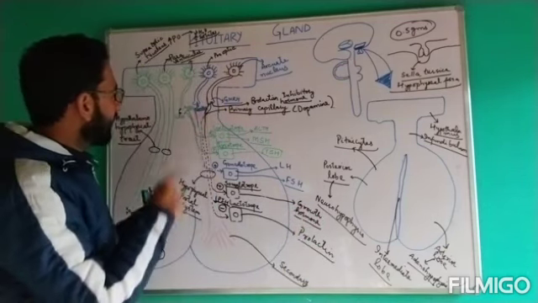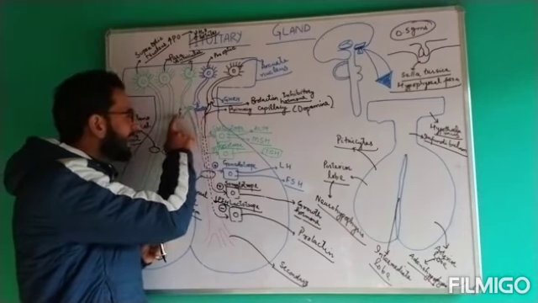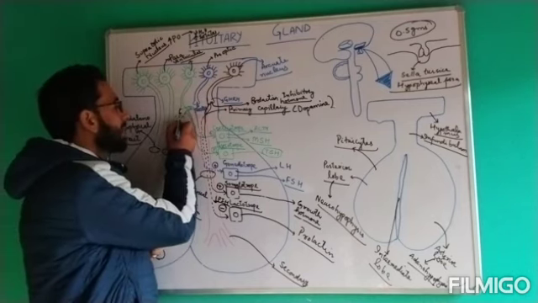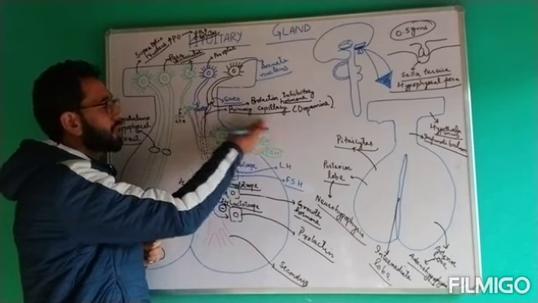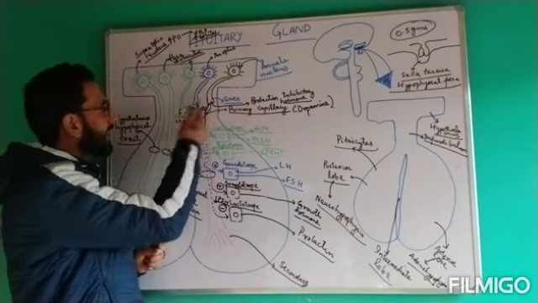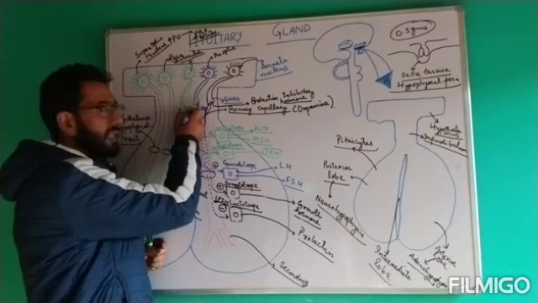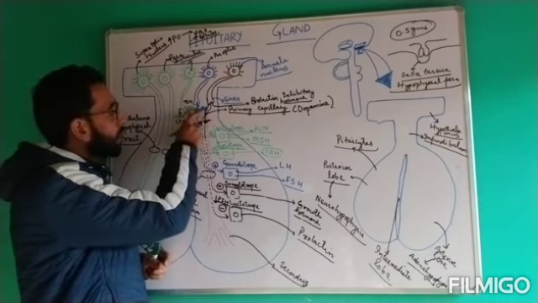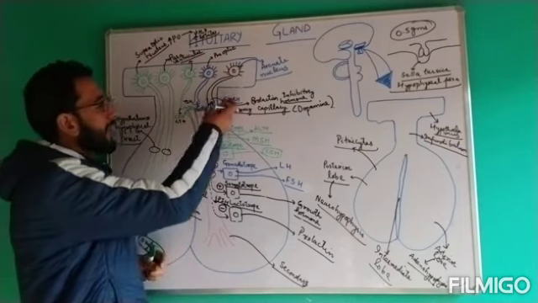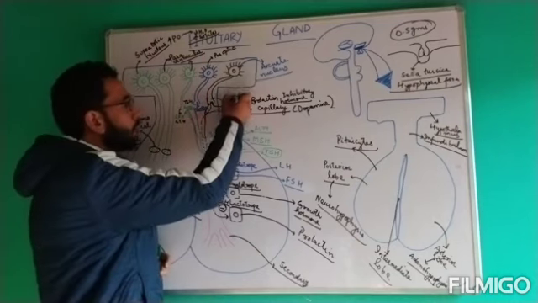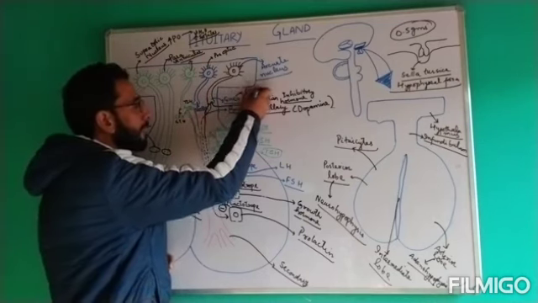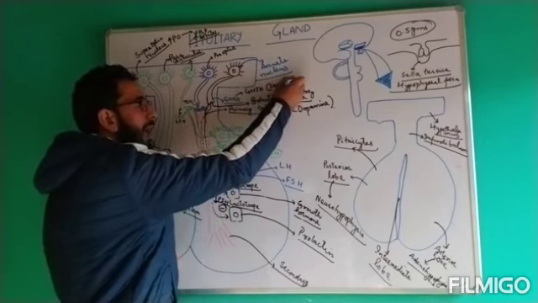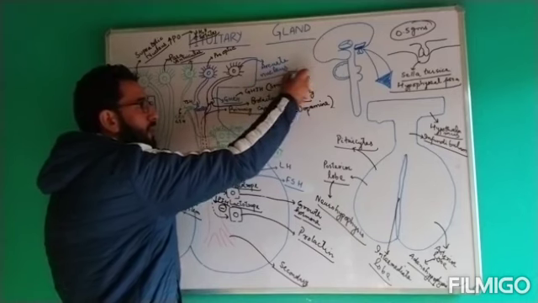Now, coming back here, one last point I want to tell you, that there is corticotropin releasing hormone. Okay? There can be corticotropin inhibitory hormone, which will decrease the secretion of ACTH. There can be thyrotropin releasing hormone, and thyrotropin inhibitory hormone, TIH. There can be gonadotropin inhibitory hormone, or growth hormone inhibitory hormone, which is called somatostatin.